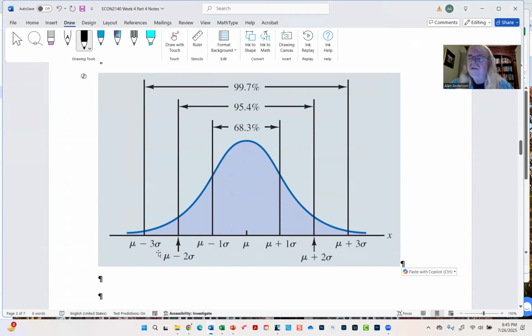Keep in mind, this empirical rule applies no matter which distribution we're looking at, no matter what the mean is, what the standard deviation is. So this applies to all normal distributions. Being within one standard deviation of the mean has an approximate probability of 68.3%.